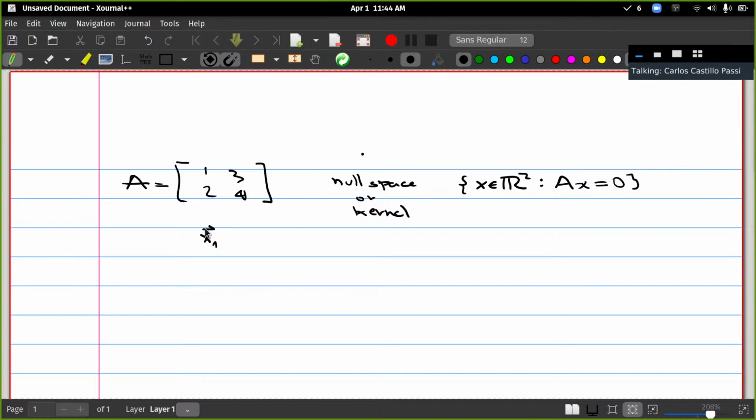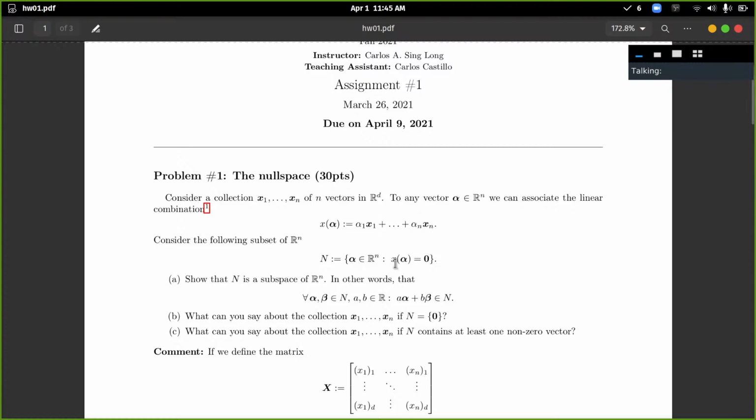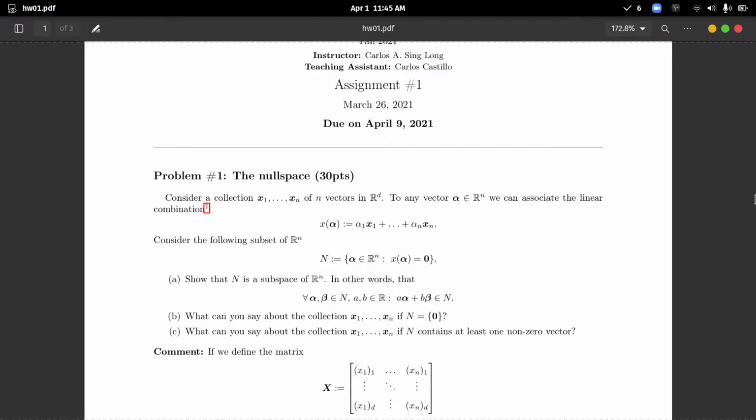In the homework, instead of A, they are using x1, x2, and so on as the columns. And this is a matrix X, capital X. And instead of x, they are using alpha in Rn. So this matrix X times alpha equals 0.